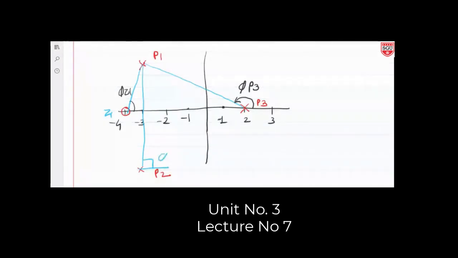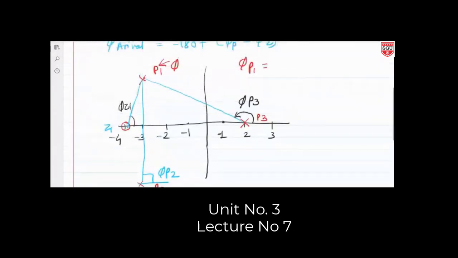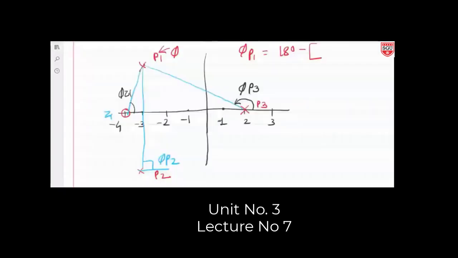If we want to find phi about this p1, then phi p1 will be equal to, as per our consideration, 180 degrees minus the summation of all phi p, that is phi p3 plus phi p2, plus the summation of phi z, which will be only phi z1 because there is only one zero present.